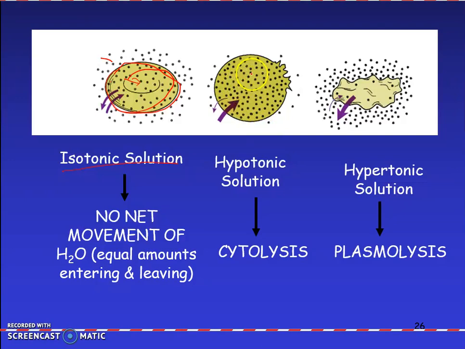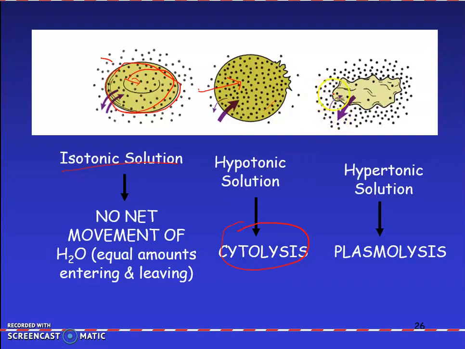If you put the cell into distilled water, the concentration of the water will be more outside, so the water is going to move from outside to inside the cell, and it will make the cell bigger and bigger because the water is moving inside. At one point the cell is going to burst, and that process is called cytolysis.